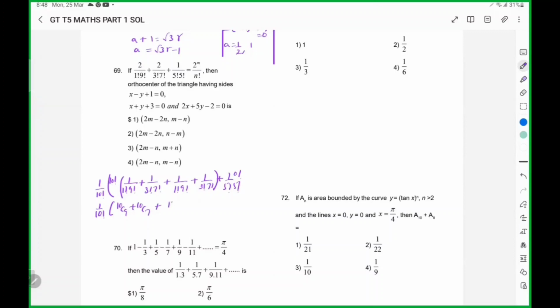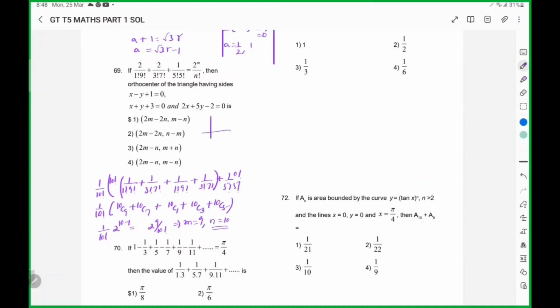Here it is 10c1, I will write. 10c3, I will write. Here it is 10c5. So sum of odd coefficients is 2 power m minus 1, 2 power 10 minus 1, that is 2 power 9 by 10 factorial, which implies m is 9, n is 10.